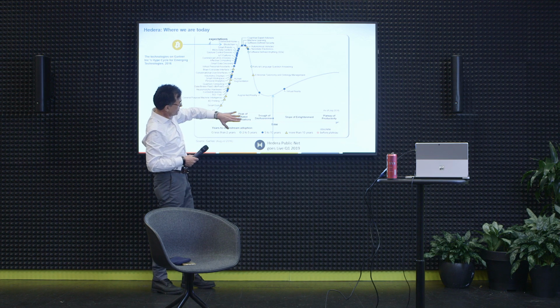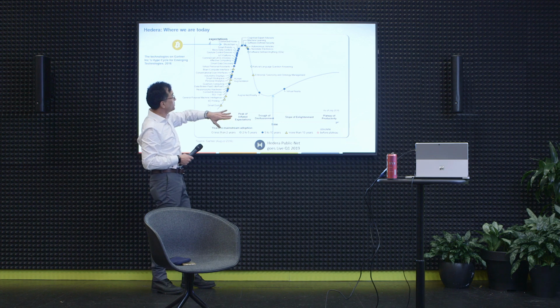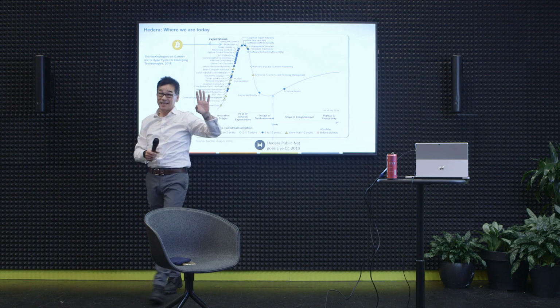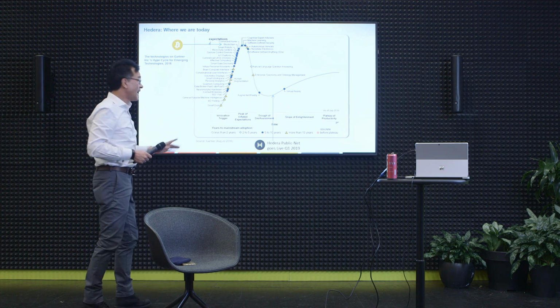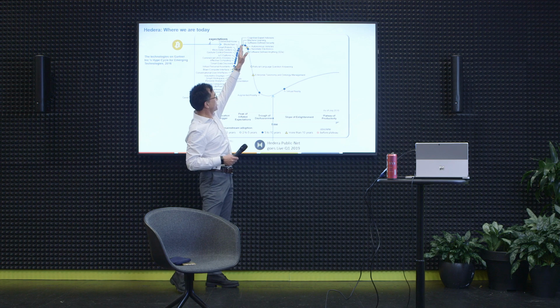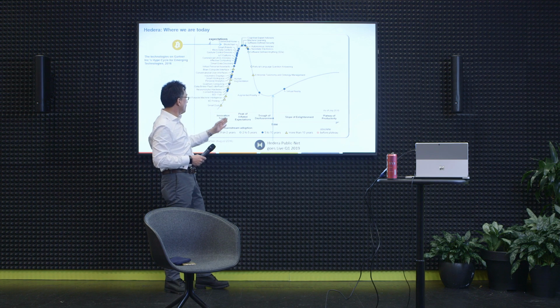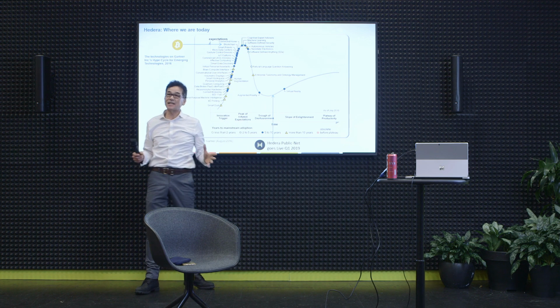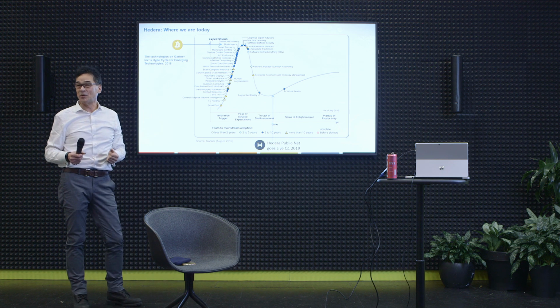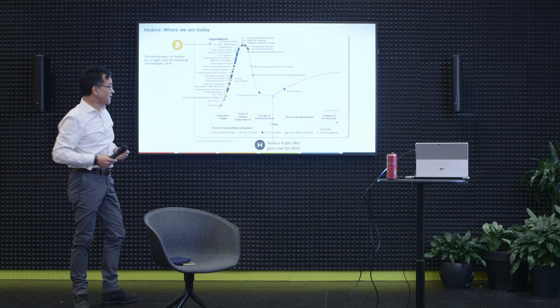In 2016, 2017, blockchain was there, and they predicted this at the end of 2016. Nonetheless, people just rode right to the peak of inflated expectations, which we witnessed in the third quarter of last year.